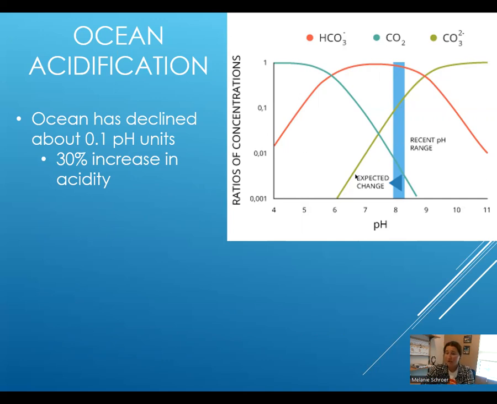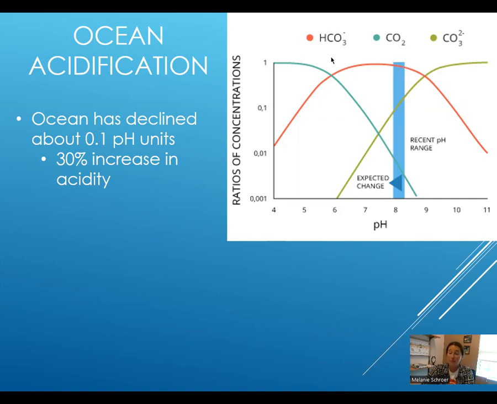And so if we take a look here, what we can see is a shift in this direction is associated with an increase in carbon dioxide, right? So that's what's driving this in the first place, and a decrease in carbonate, right? So an increase in CO2 is associated with a decrease in carbonate, right?